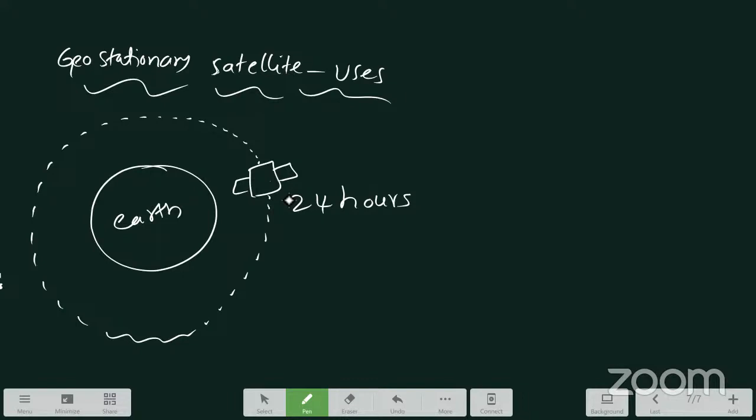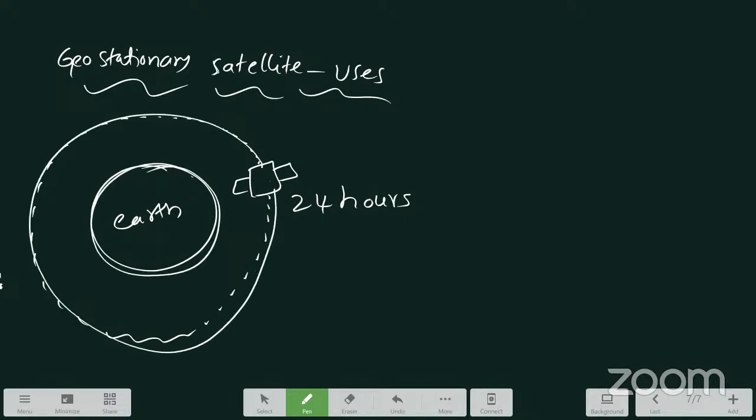This is revolution. This is self-rotation. Revolution time period of satellite equals rotation period of Earth. That is called a geostationary satellite. So we are writing the statement, definition.